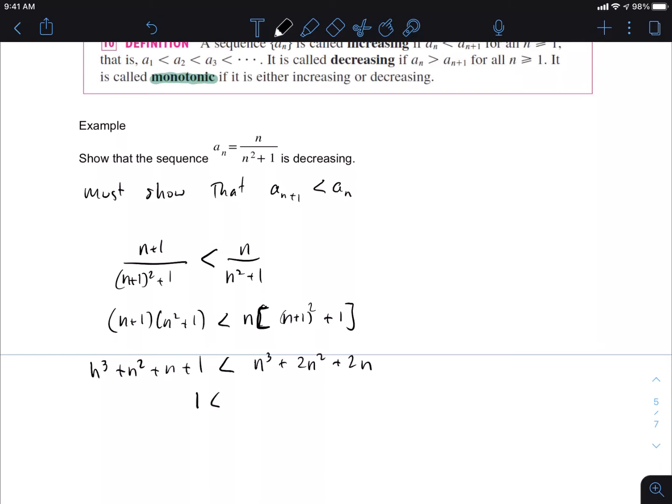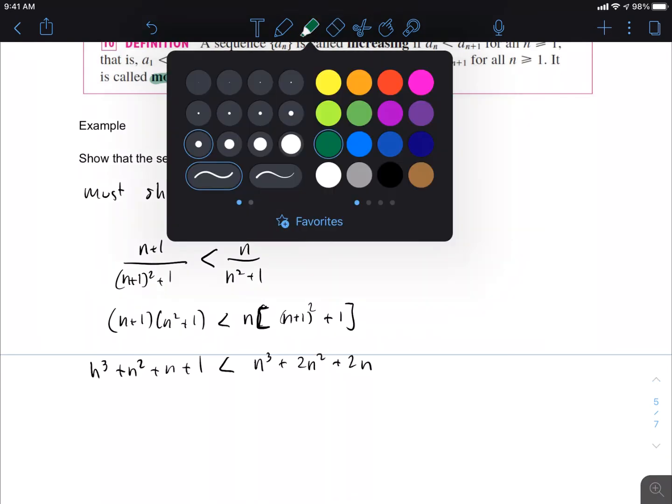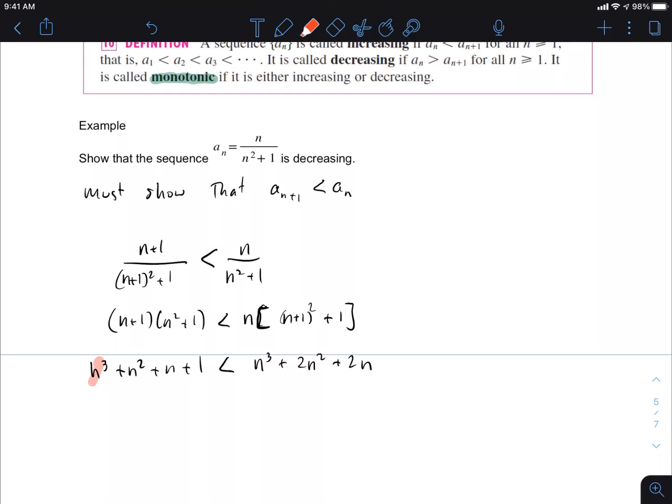So we're going to get 1 is less than n squared plus n, right? Here, you know what? I can show that so you guys can see. So the n cubes will go. We're going to be left with an n squared on this side, correct? And we're going to be left with an n. The only thing left on that side is going to be that 1. And so what we see is 1 is less than n squared plus n.